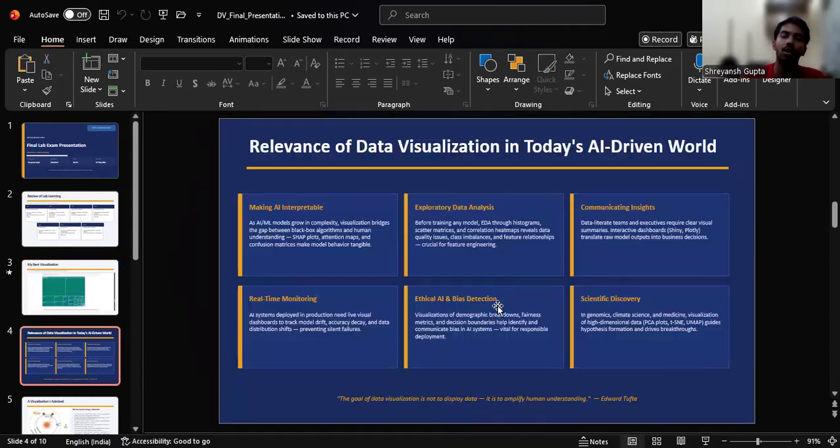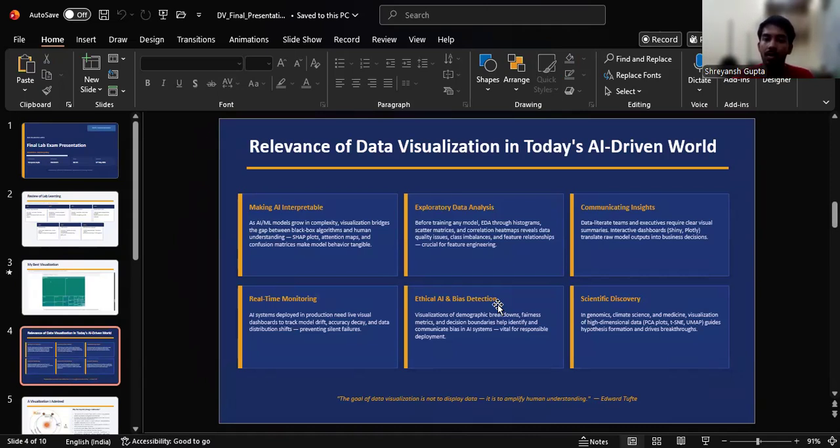Now moving on to the relevance of data visualization in today's AI-driven world. Data visualization has become extremely important because whenever we create a machine learning model, before that we need to perform EDA, exploratory data analysis. For the data analysis, we need to understand which features are interdependent with each other. Based on that, we can decide which model is best suited.